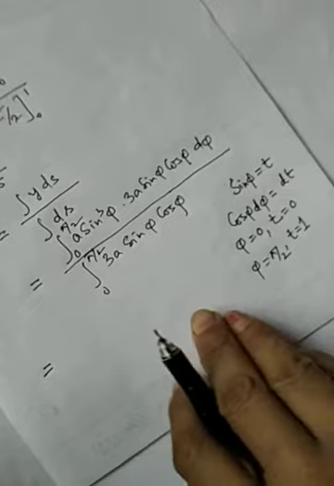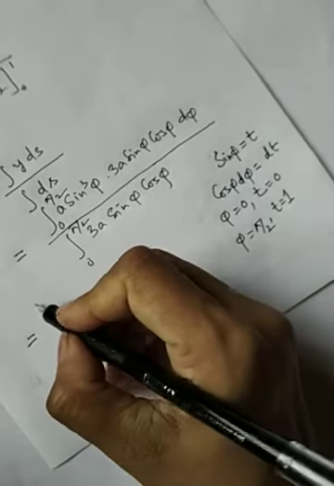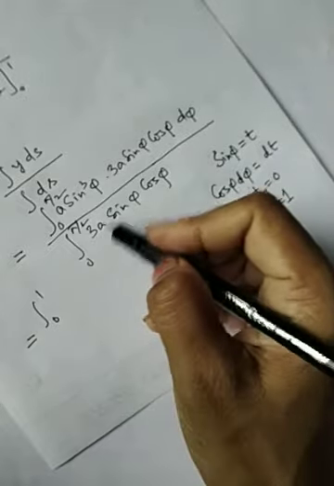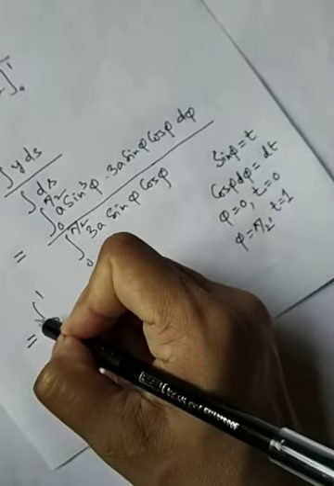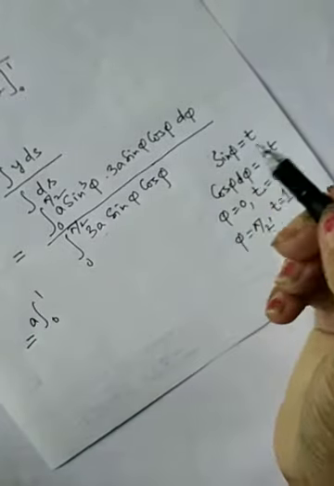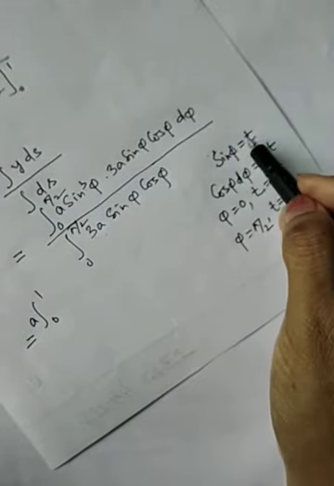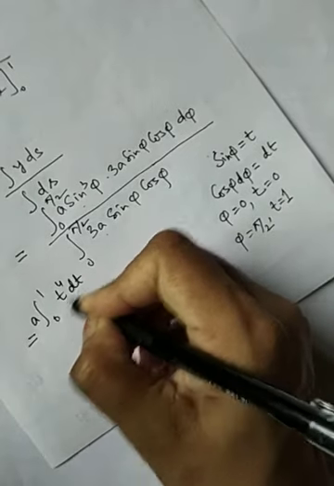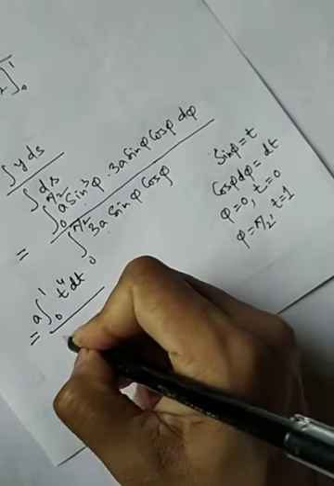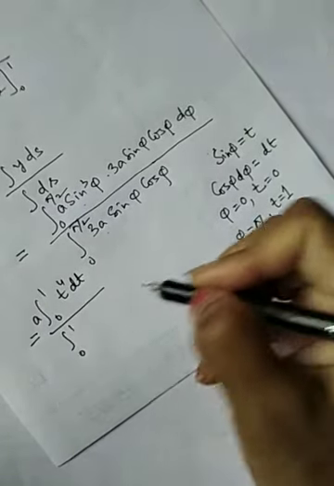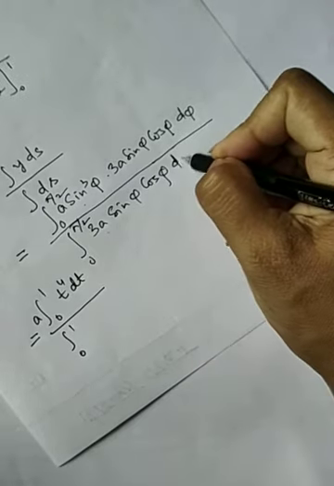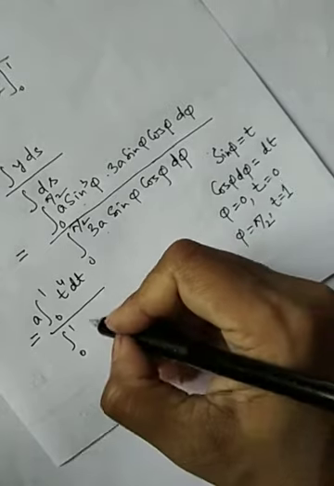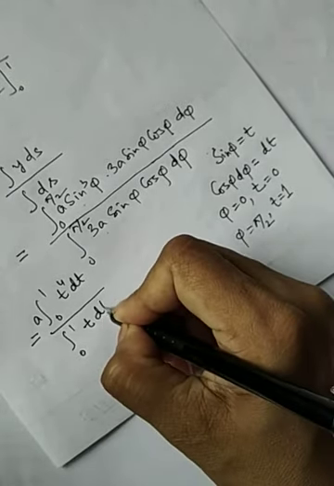So this is 0 to 1, and 3 will be cancelled, a cancels, only a is there, and sin phi is t, so t to the power 4 dt, divided by integration 0 to 1 t dt.